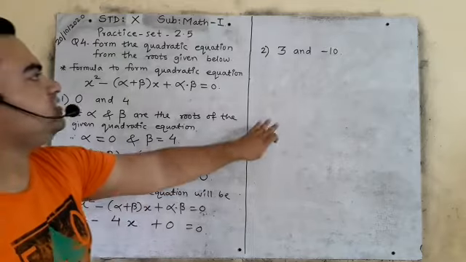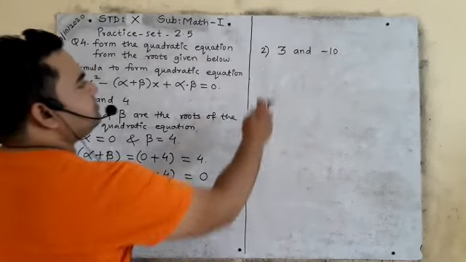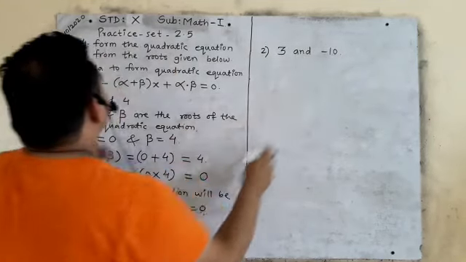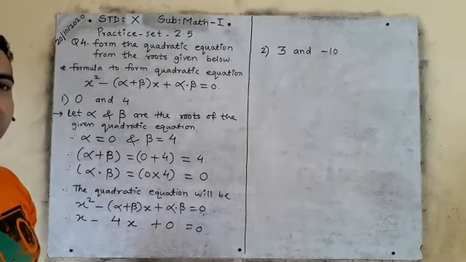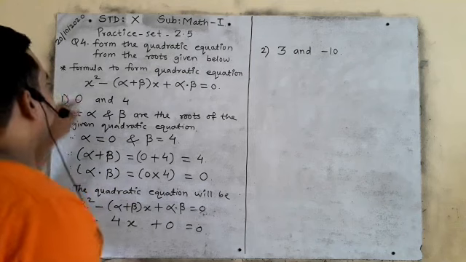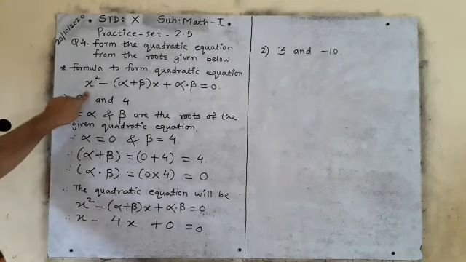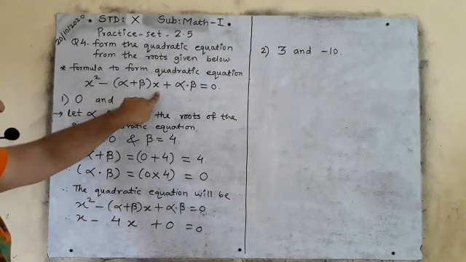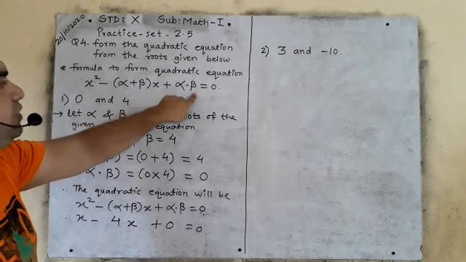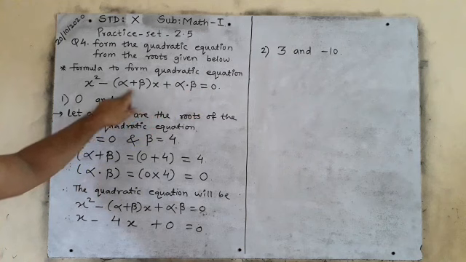Now pay attention towards the question number 2. See, 3 and minus 10. What is the question? Form the quadratic equation. We have to form the quadratic equation. So this is the formula to form the quadratic equation. X square minus alpha plus beta x plus alpha into beta is equals to 0. What do we read this?